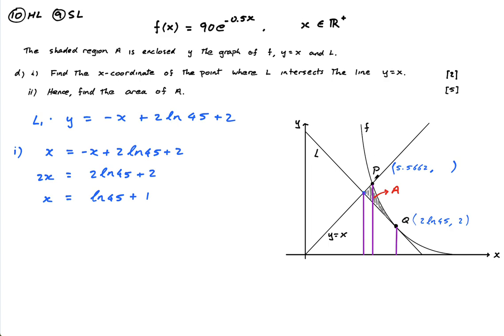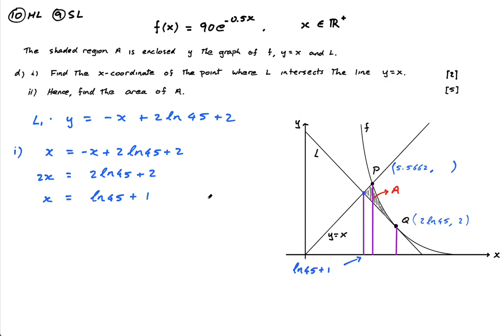So to find area A, let's put in these x coordinates. This guy is what I've just found: ln of 45 plus 1.